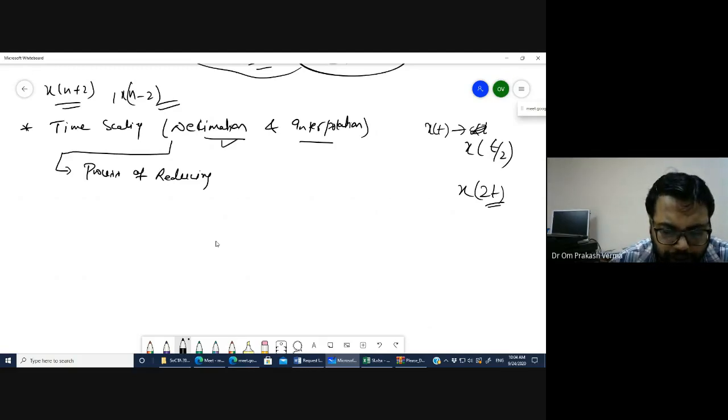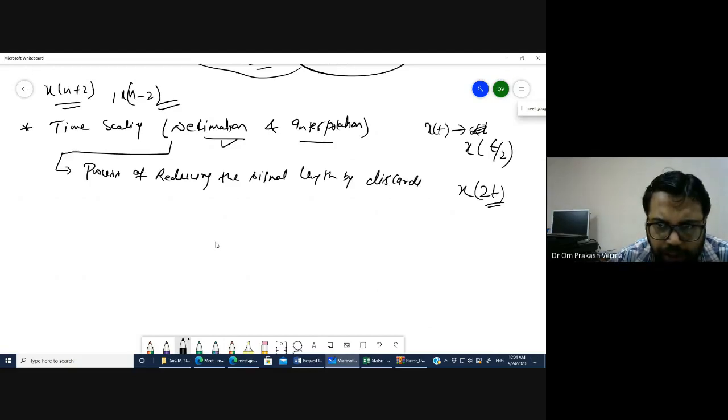It is called decimation: the process of reducing the signal length by discarding. Here we will discard samples. How will we discard? Let's see it from an example.